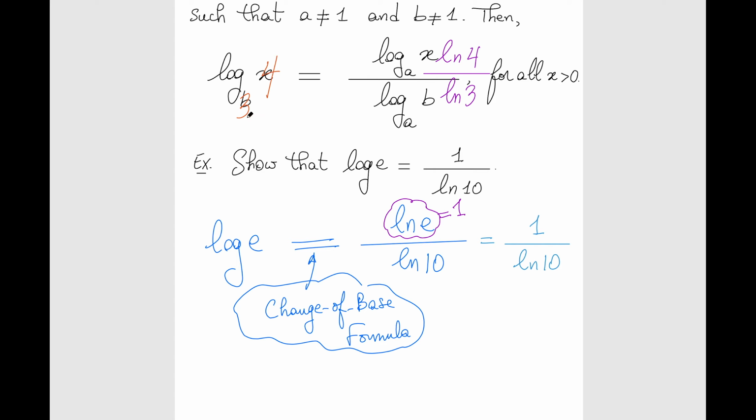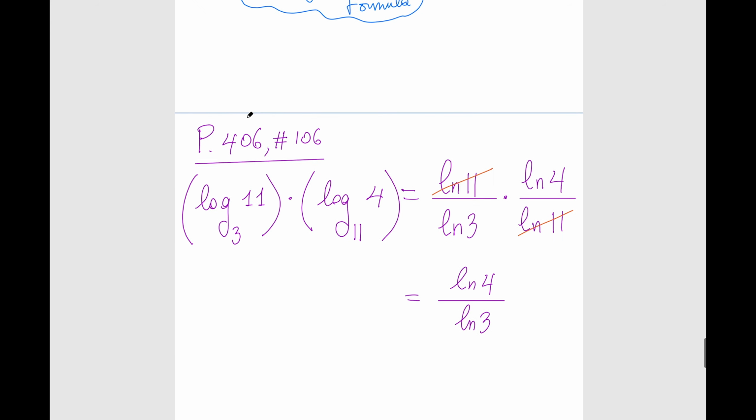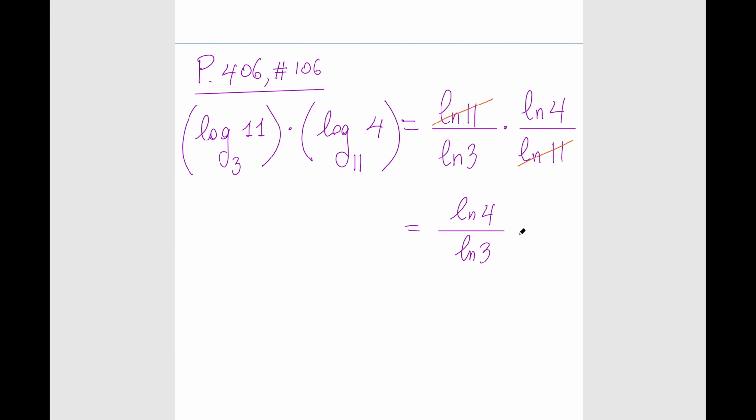So let's take that and write it over here. This is log base 3 of 4. And this answers the question of the problem. The problem was to write it as a single log, and we just did. All right, so this is the end of the section.